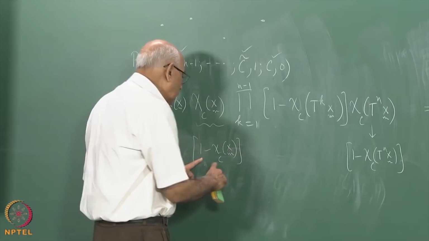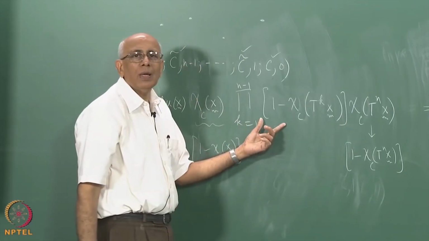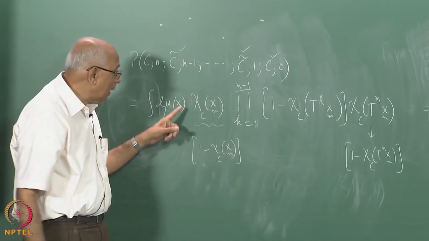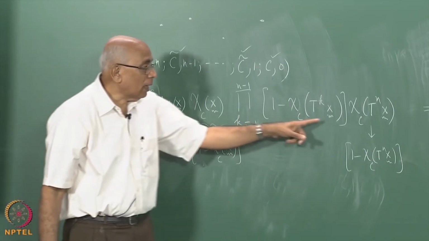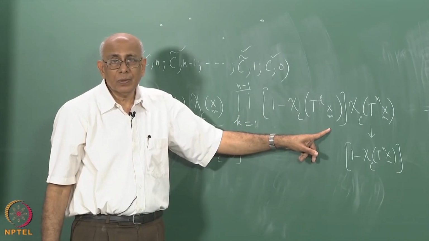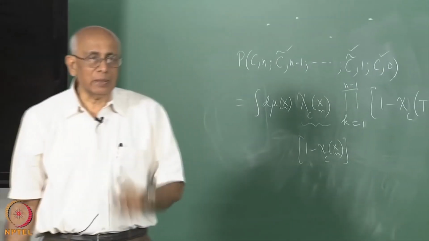When you multiply the 1 with the 1, 2 of these chi's are gone and you are left with 1 to n minus 1. But the integration variable is x, on the other hand the argument is t times x. So you are in a little bit of trouble till you realize that this is the invariant measure.